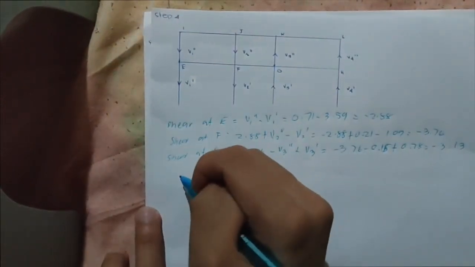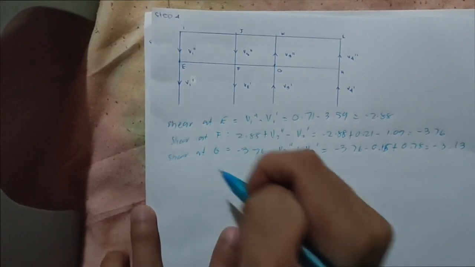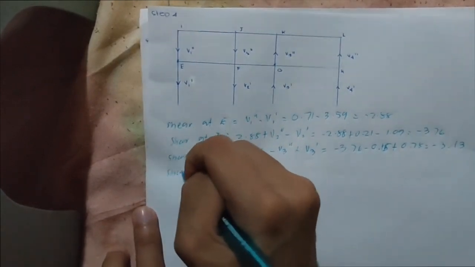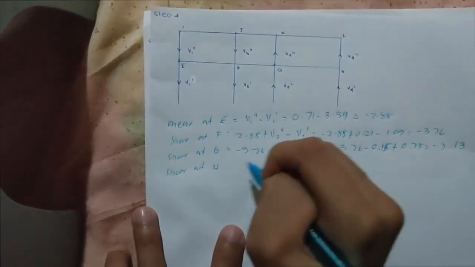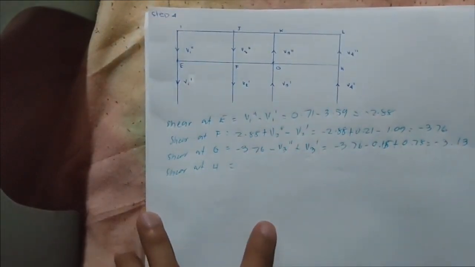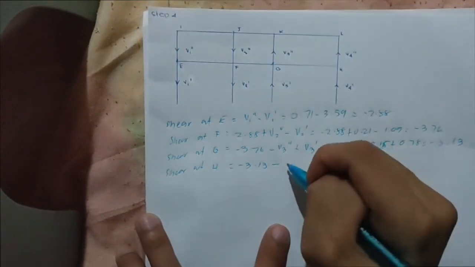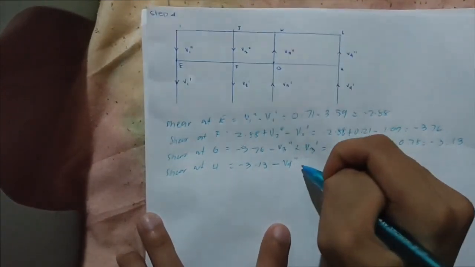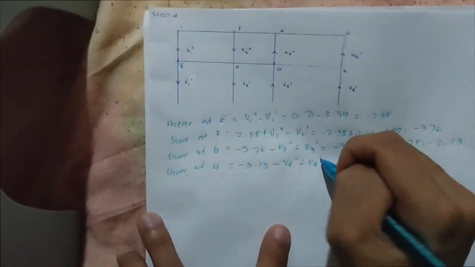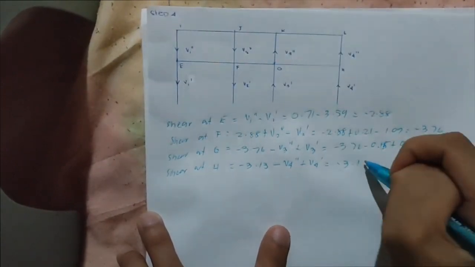So shear at H is equal to, copy, negative 3.13 minus V4 second floor plus V4 first floor, which is 13.